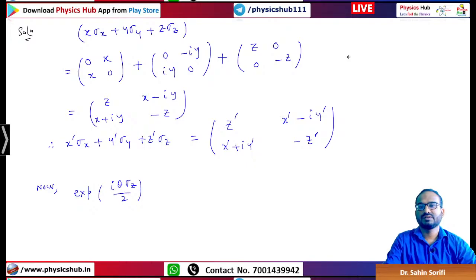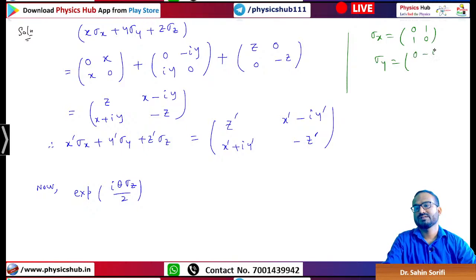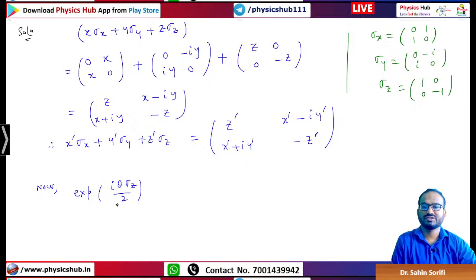If you don't remember the values, sigma x is (0 1; 1 0), sigma y is (0 minus i; plus i 0), sigma z is (1 0; 0 minus 1). You have to remember this at any cost. If you have an exponential like this, it will go along with these terms.